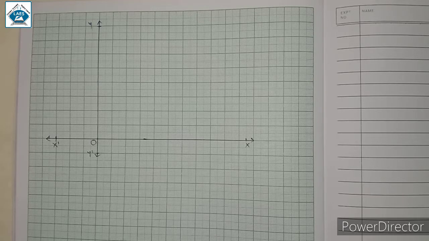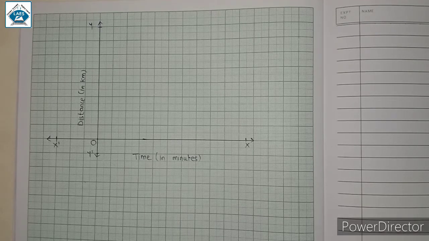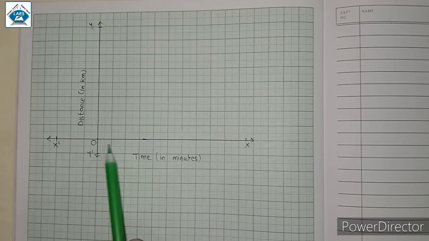So according to the data given to us, the time is in minutes and the distance is in kilometers. So here the quantities are written. Next, choose a scale to represent the distance and another to represent the time on the graph. So what we are going to do is, we are going to take 1 centimeter.